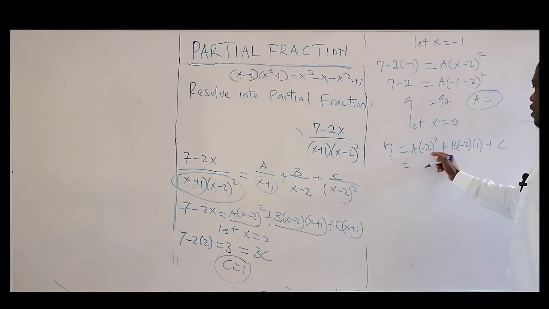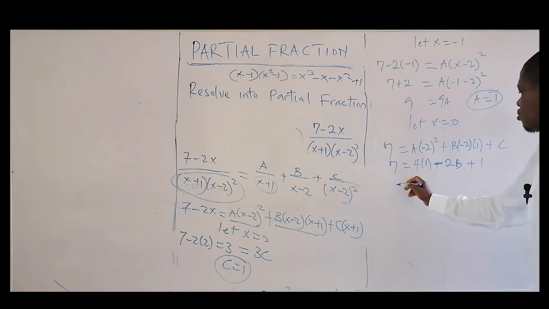So this will be 4a, and a is what? A is 1. This is minus 2b. B is what we are looking for, and then c is 1 plus 1.